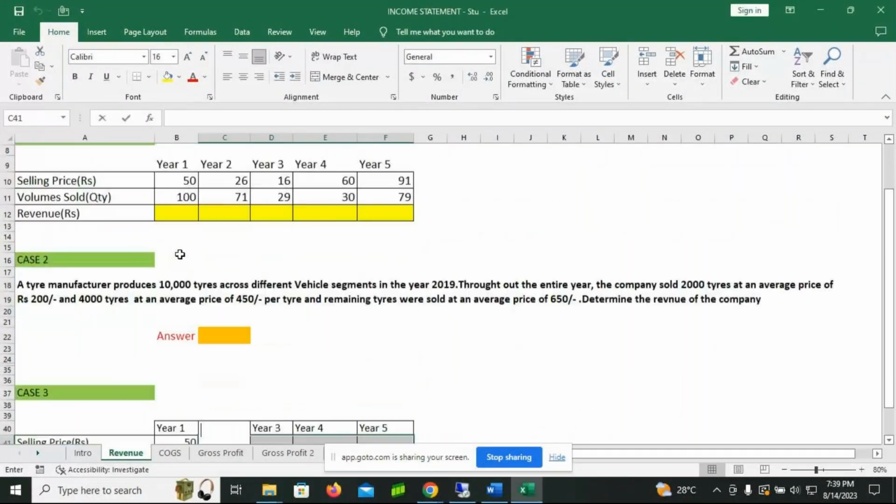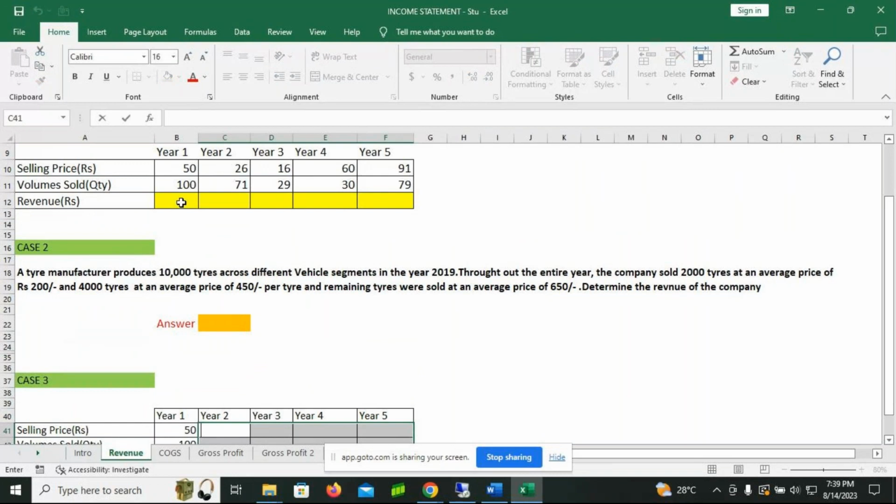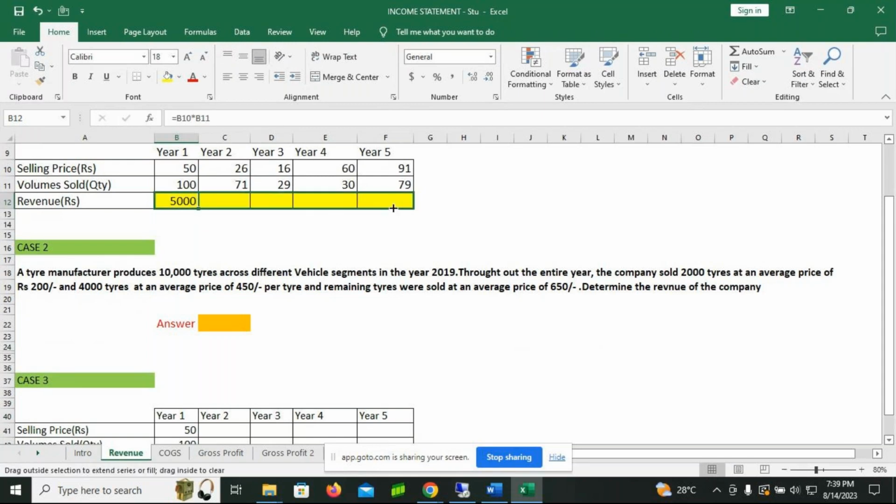So let me show you the first one. Equals selling price into volume. The first calculation is as simple as it is.